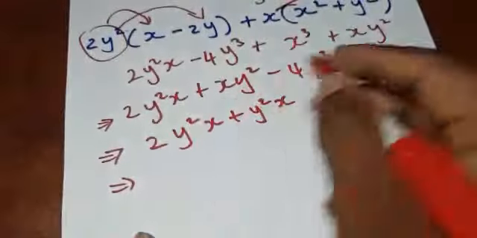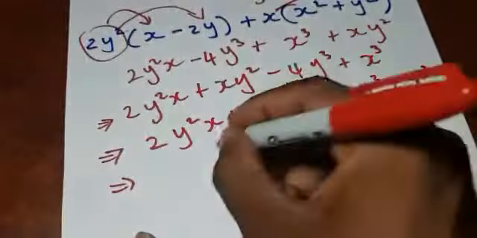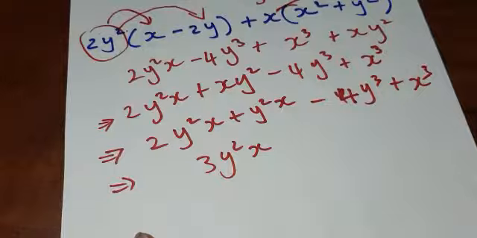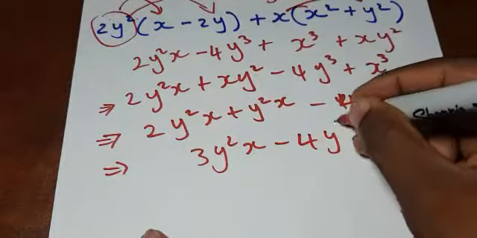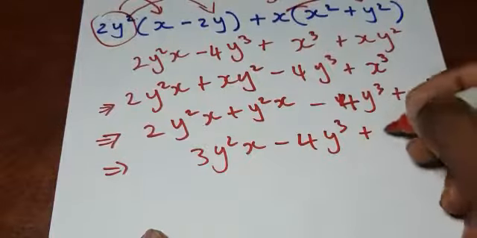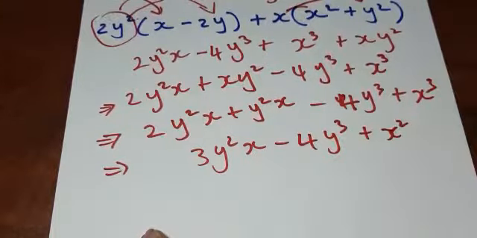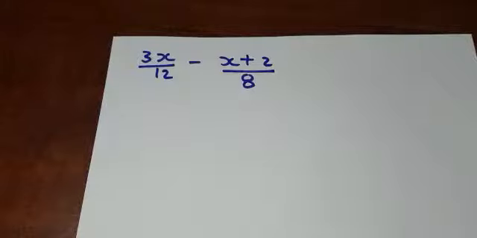So this is now 3y squared x, or it could have been 3xy squared. All right, and that's it for that question.